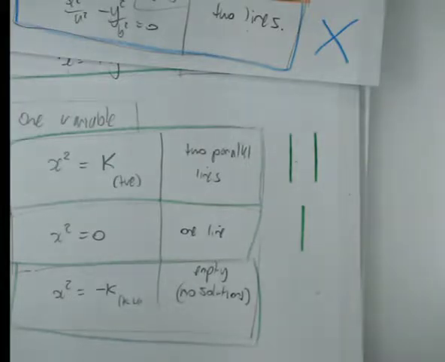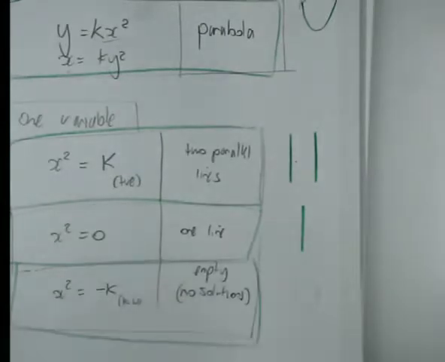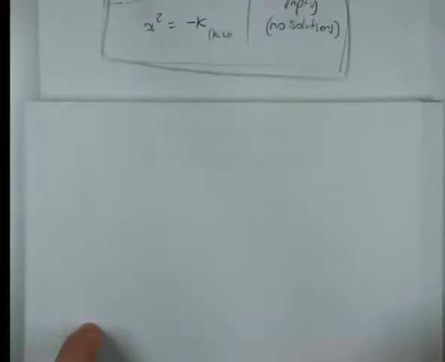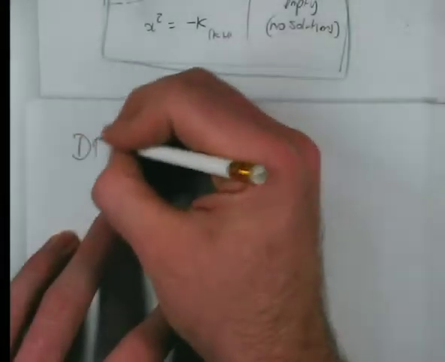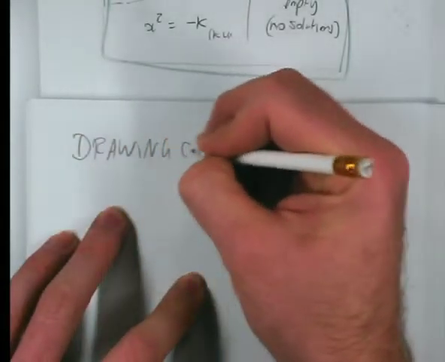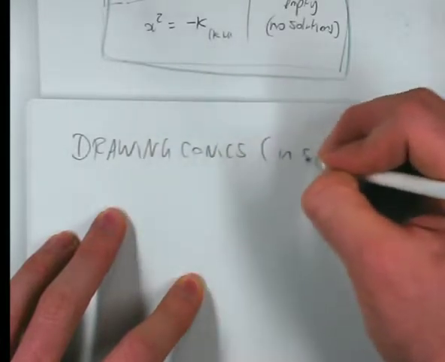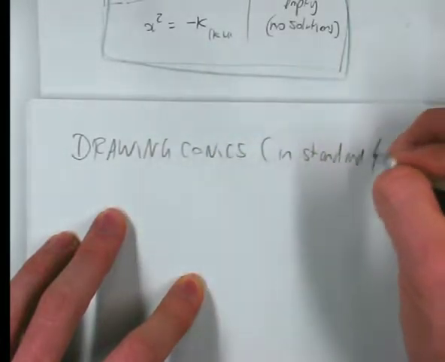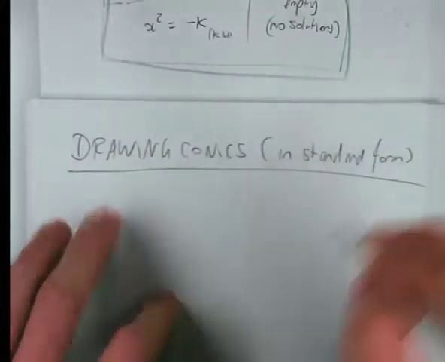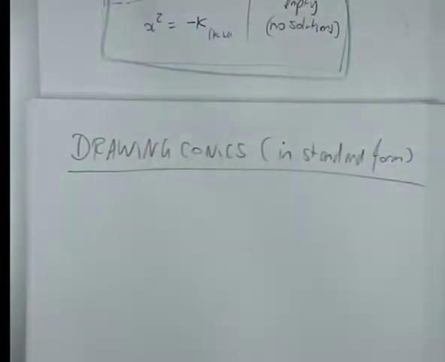Okay, and before I move on to quadrics, I do want to show you my method of drawing conics, because I figured it out myself and I'm extremely proud of it. So I like it. So drawing conics in standard form, I use a box to draw my conic.